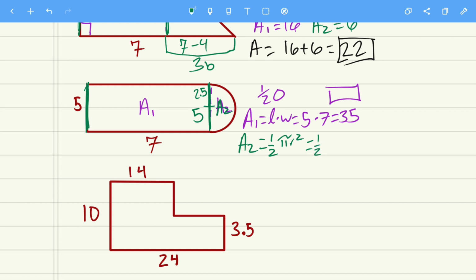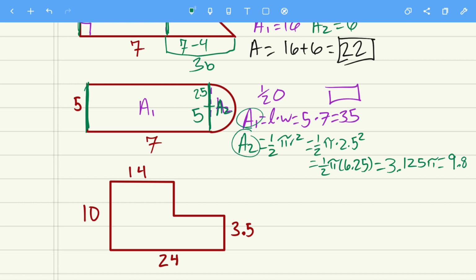So our formula for the area of the half circle is 1/2 pi times 2.5 squared, which gives us 1/2 pi times 6.25, which is equal to 3.125 pi, which is equal to, let's call that 9.8.